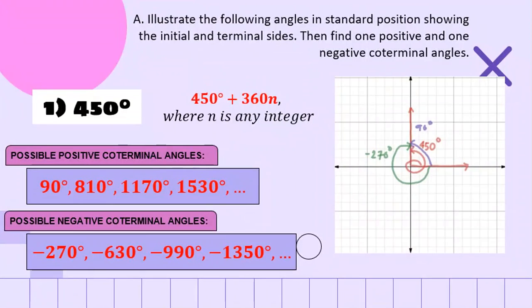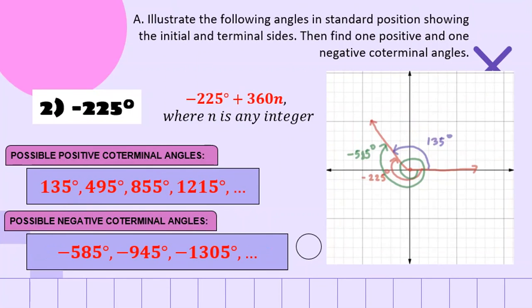I can ask you for 1,000 coterminal angles. It's just as easy as that. So we have a lot of possible answers for our negative and positive coterminal angles. For negative degrees, if you are asked for the positive coterminal, negative 225 plus 360.